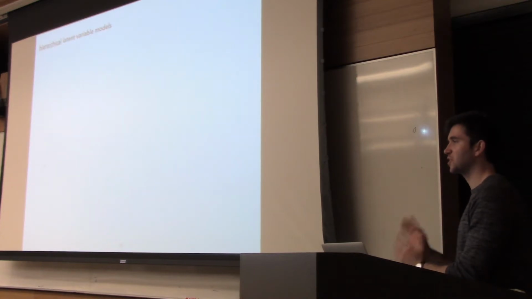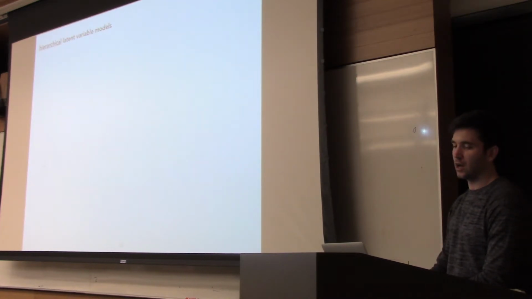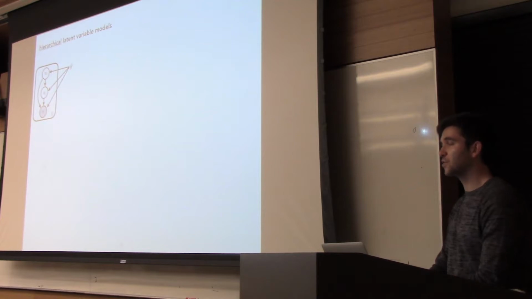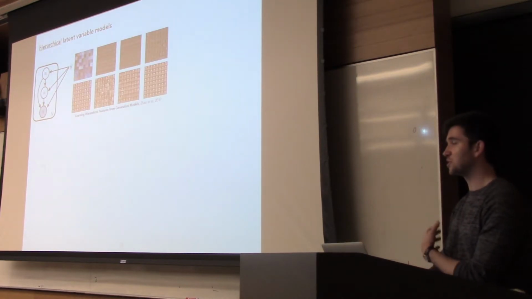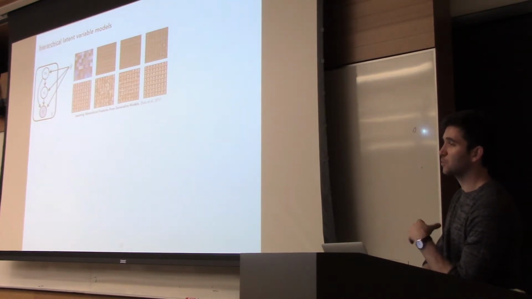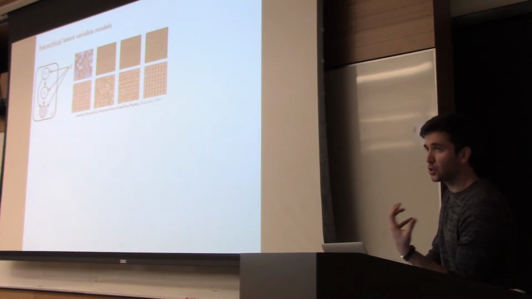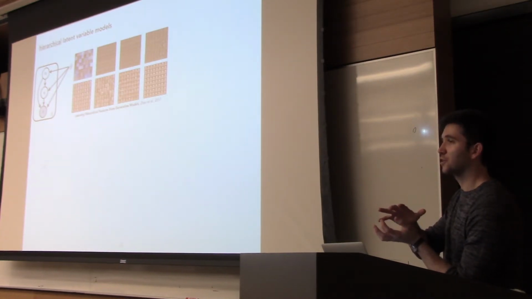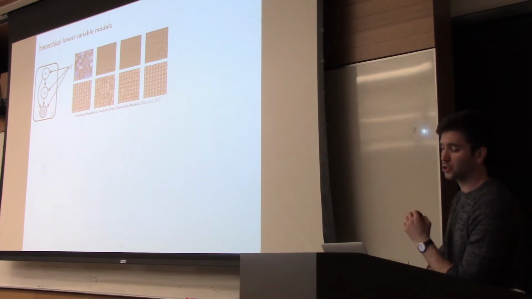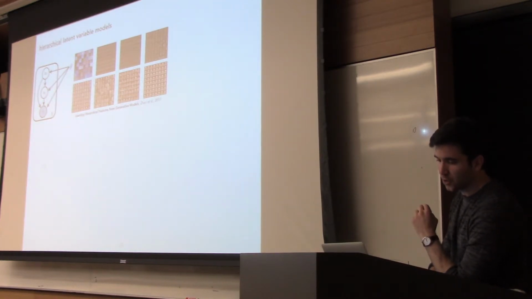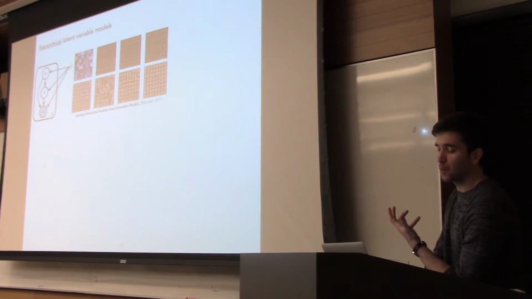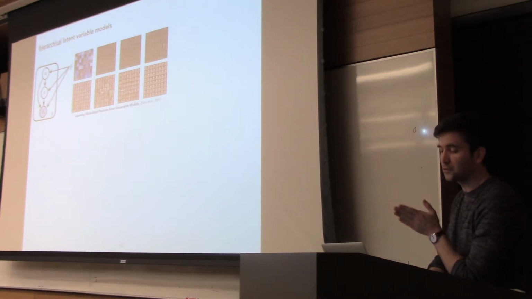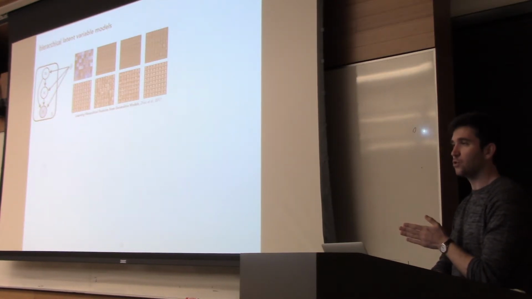So here are some extensions that have built upon this. You can have a hierarchy of latent variables. The reason you might want to do this is to capture additional higher-level structure, if you think the structure underlying your observations is hierarchical in nature. Here you can see how, given a hierarchical model, you can extract different levels of abstraction.